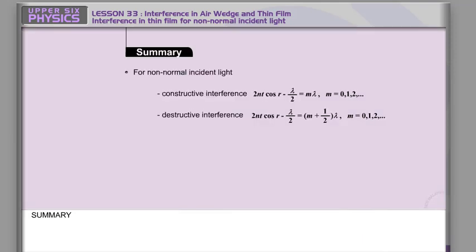Summary. For non-normal incident light, constructive interference: 2nt cos r minus lambda over 2 equals m lambda, where m equals 0, 1, 2, etc. Destructive interference: 2nt cos r minus lambda over 2 equals (m plus half) lambda, where m equals 0, 1, 2, etc.